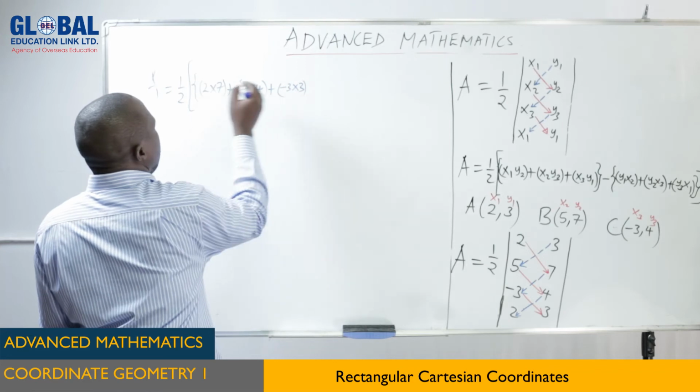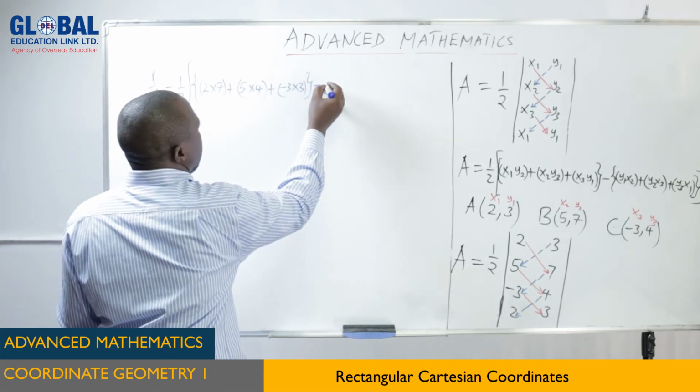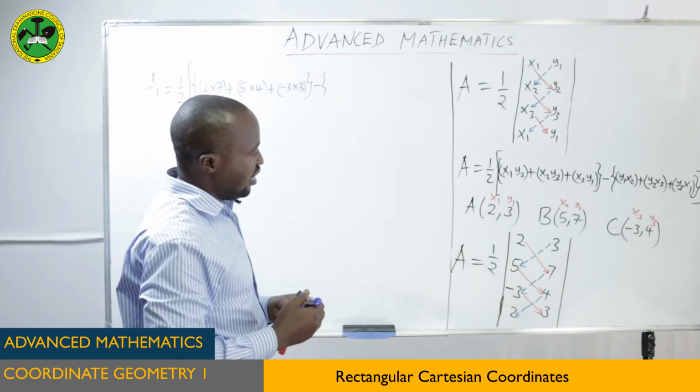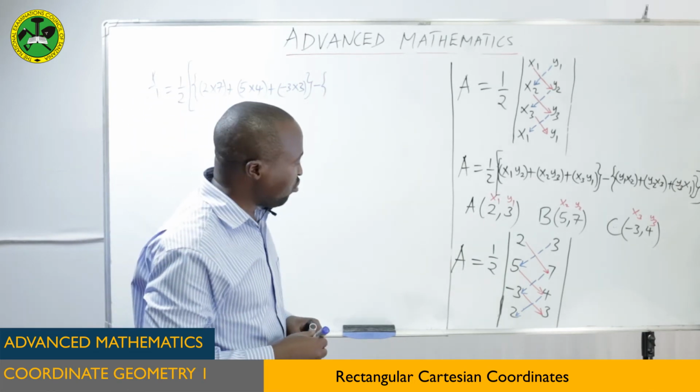But this one, we minus, so this time it will be dotted arrows.